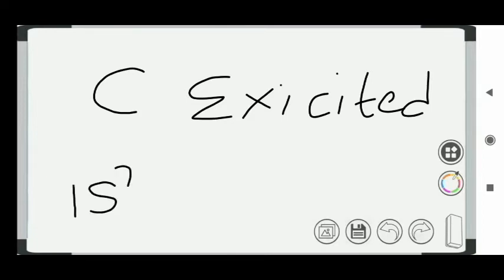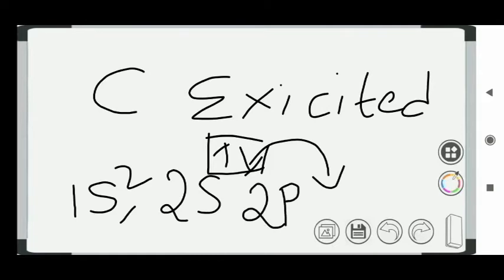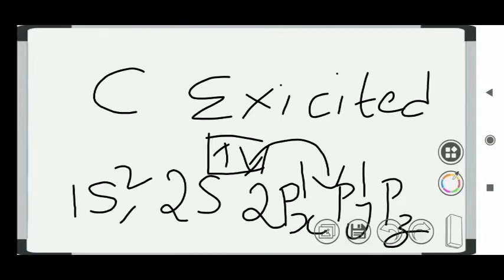If we see the excited state configuration of the carbon atom, you are going to retain the electrons at 1s2, then followed by here the 2s. If you are going to see the electron spin, you are going to see the transformation of these electrons to one of the 2p orbitals. So we are going to give the 2p orbital as 2px, then followed by y, then followed by z here. Initially at ground state you are going to see the presence of two electrons.